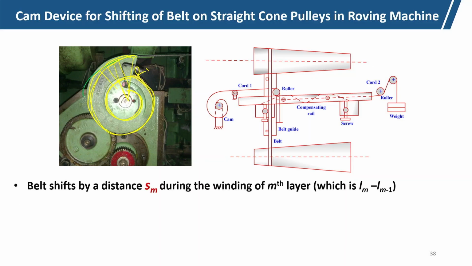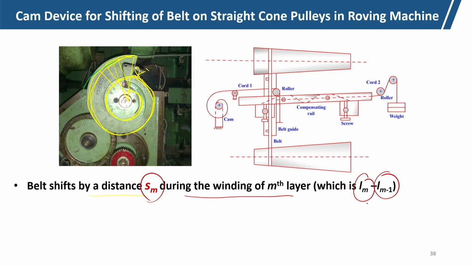The belt shifts by distance Sm. The distance Sm by which the belt shifts during the winding of the mth layer is Lm minus Lm minus 1. So, for the mth layer, how much will the belt shift? The belt shift reduces gradually.